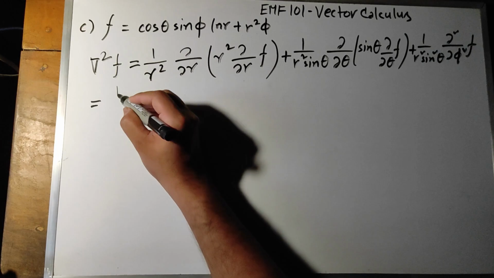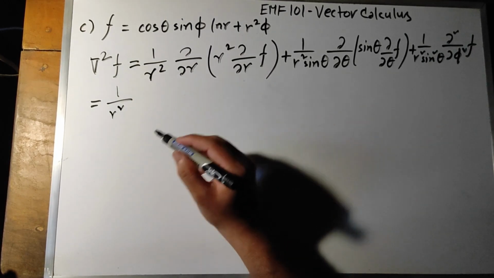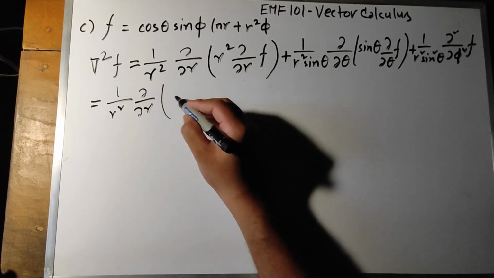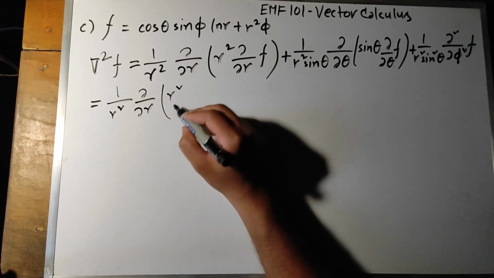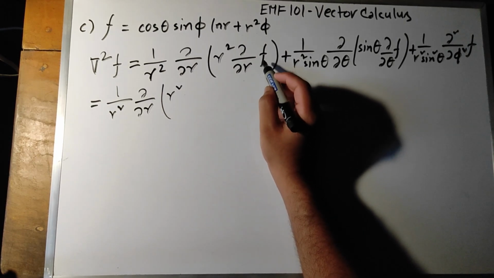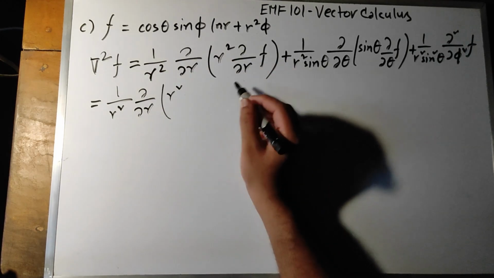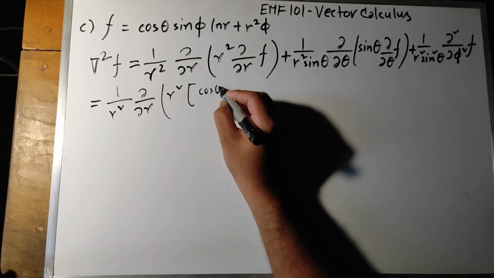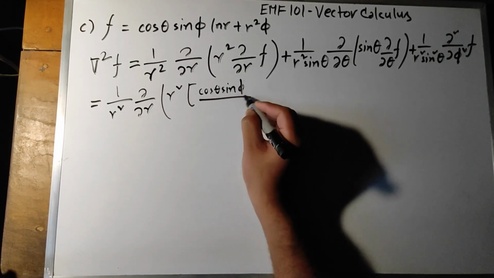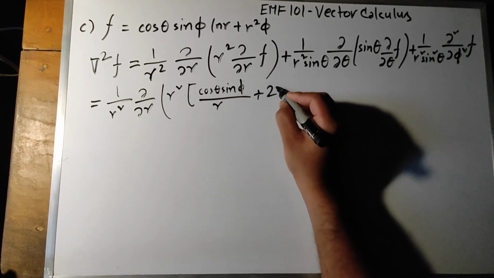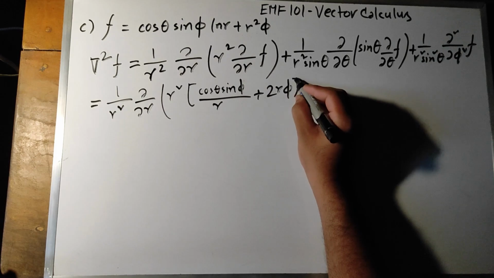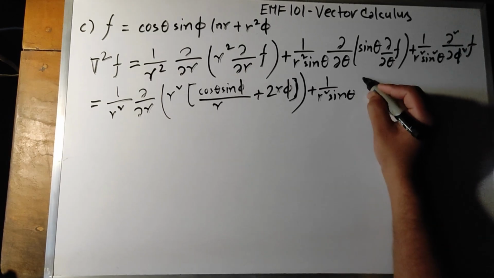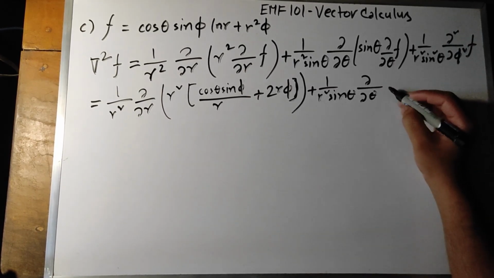partial differentiation. So 1 by r squared, so here the second partial differentiation, and here is r squared, so partial differentiation in terms of r of the scalar field, so cos theta sin phi by r plus 2r phi. Then 1 by r square sin theta, partial differentiation in terms of theta.